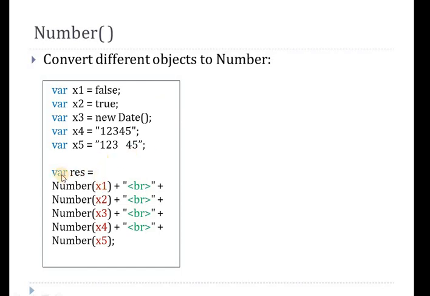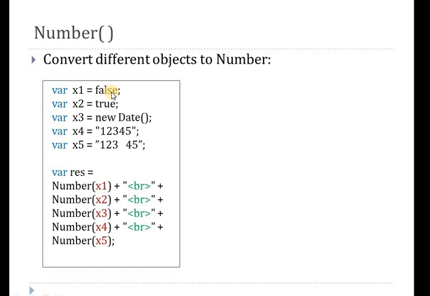So what I have done is variable res equals, I have converted these objects into numbers and summed them. Actually, it is not a summation, it is a concatenation. In this variable I have called Number first, passing x1. So what is x1?